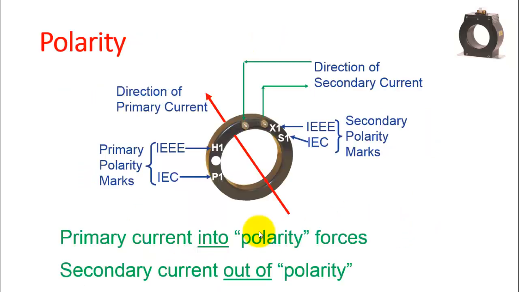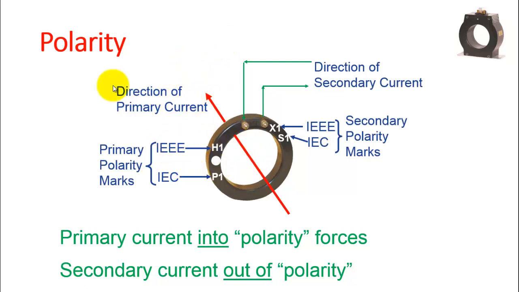Another very important parameter is the polarity. Here the primary polarity is indicated by H1 according to IEEE or P1 according to IEC. Similarly, secondary polarity is marked as S1 according to IEC or X1 according to IEEE. Again, the polarity of CT is dependent on the direction of the current that is flowing through the primary conductor.